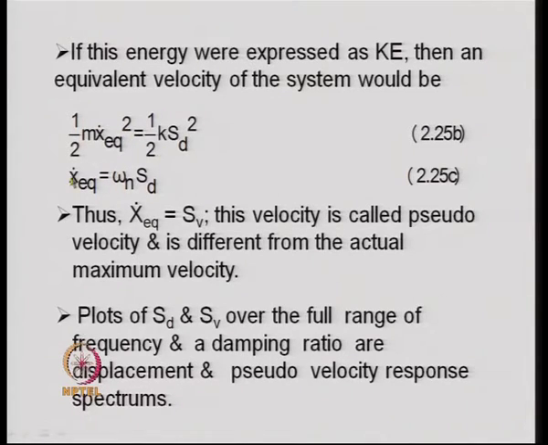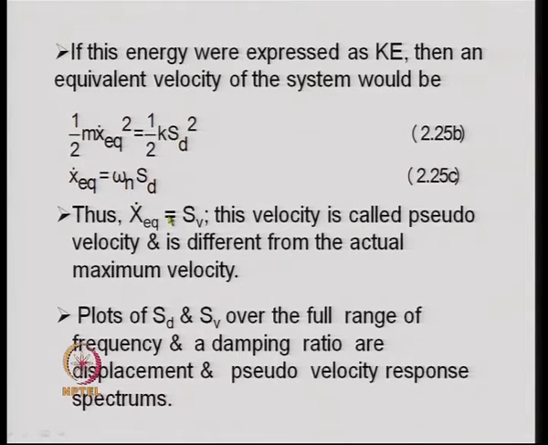And from this one can get an expression for the equivalent velocity, which is equal to omega n times Sd. That is the frequency of the oscillator multiplied by the maximum displacement.